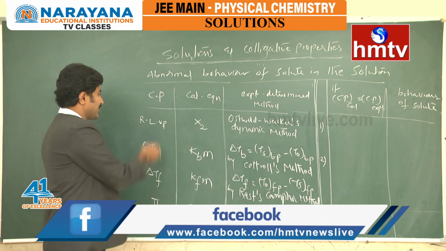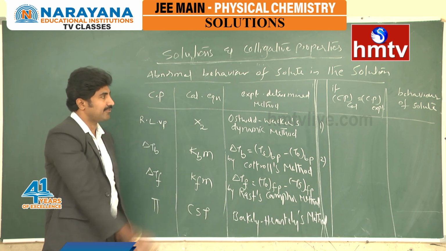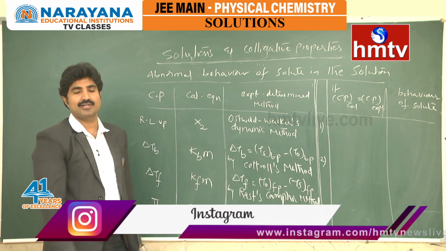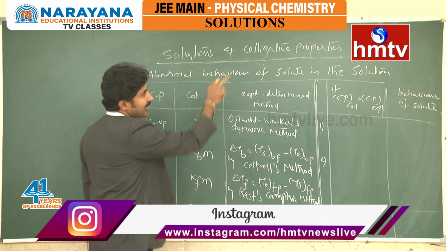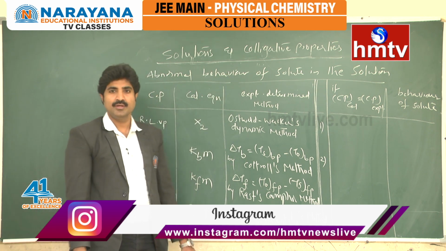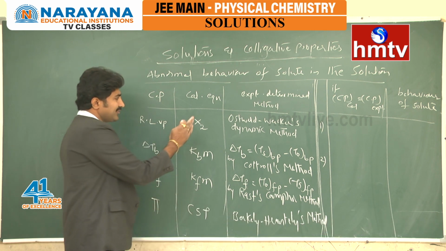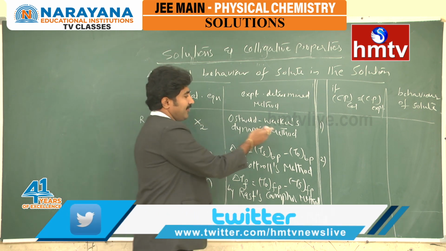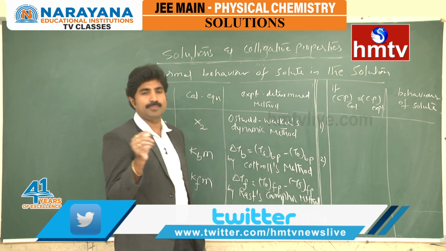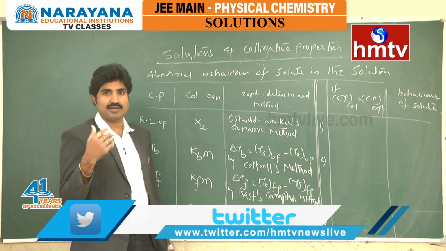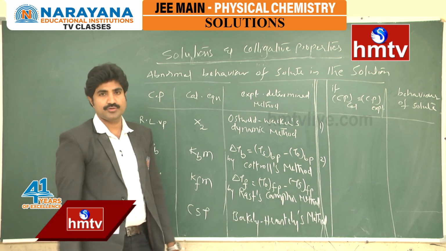So for every colligative property, we have a calculated equation as well as an experimentally determined equation. Here what we are discussing is abnormal behavior of solute in the solution. If the calculated value and the experimentally determined value are the same, then the solute shows normal behavior in the solution.